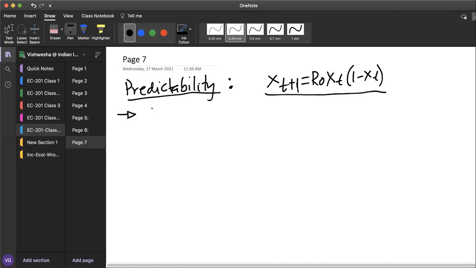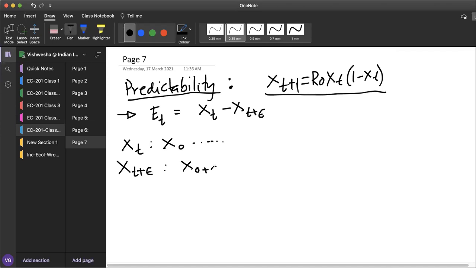We define predictability in this simple way: we said et is basically x of t minus x of t plus epsilon. I may have switched the epsilon, by the way. It makes no difference anyway. The idea is that I obtain xt starting with some initial condition recursively by applying this, and then I also find xt plus epsilon by starting with an initial condition which is very close to x0 but not quite x0.